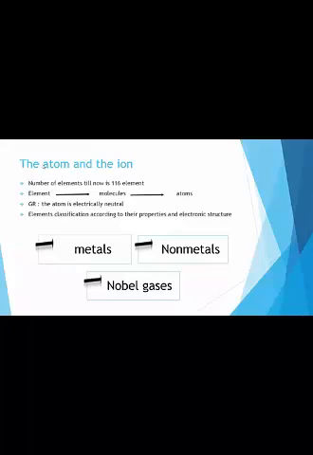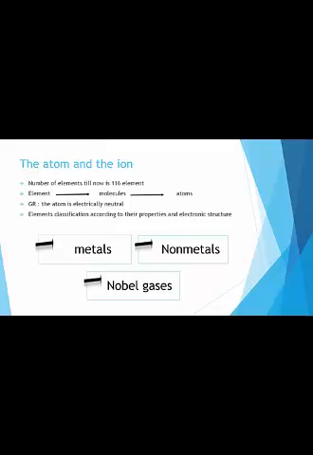Firstly, we have studied that the number of elements till now is 116, and every element is composed of molecules, and molecules are composed of smaller units known as atoms. In the atom there are two parts, the nucleus and the electrons.